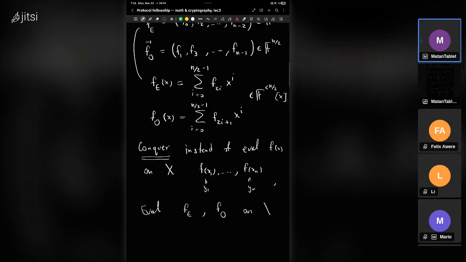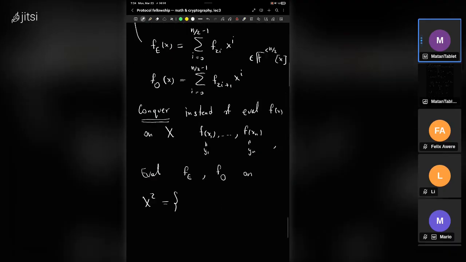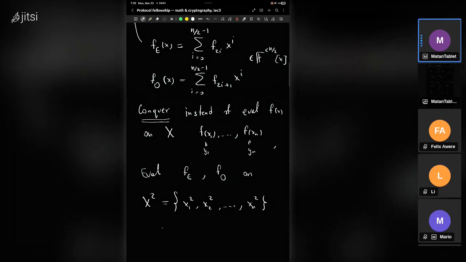X squared is the sampling set where you square all of the elements. But this needs to be continued, right? Because I will need to do some recursion. So, to be continued.